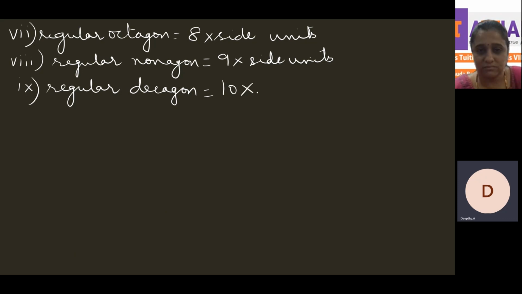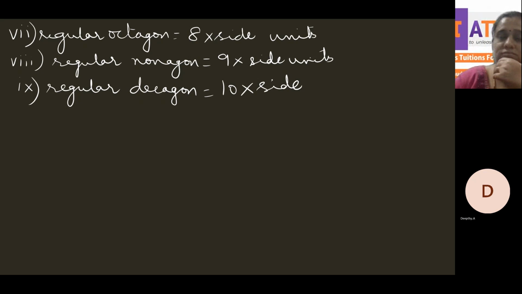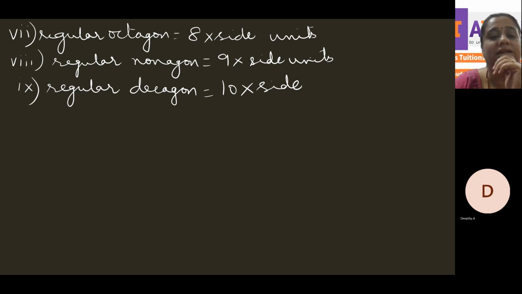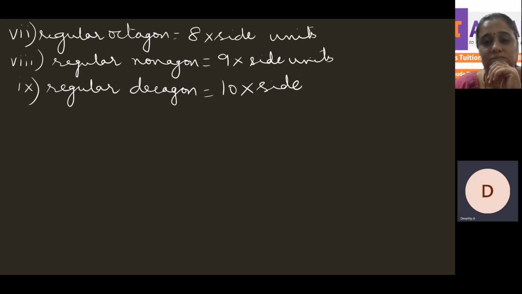Regular decagon has 10 into side. Decagon has 10 sides, right? A decagon is a polygon with 10 sides. And if all the 10 sides are equal, it's called a regular decagon.